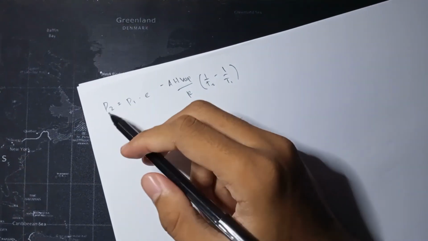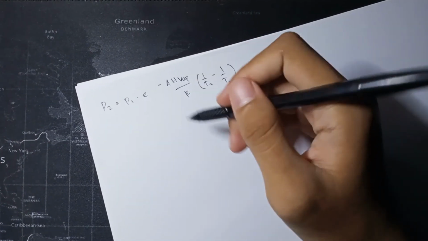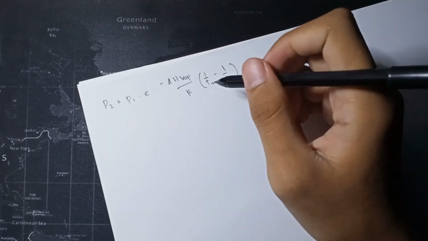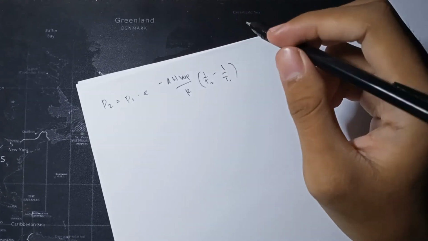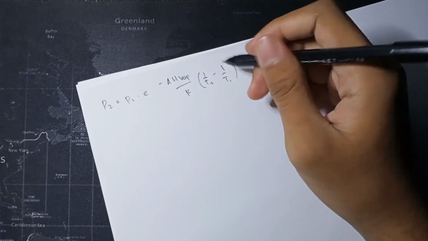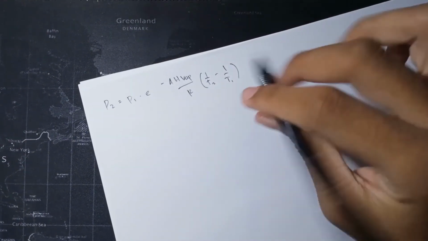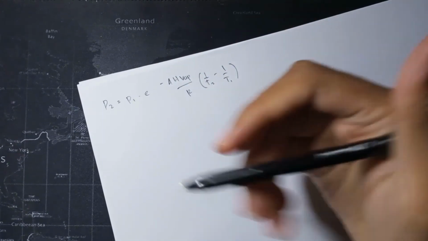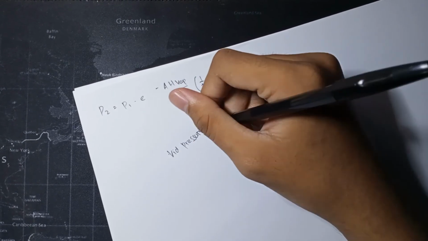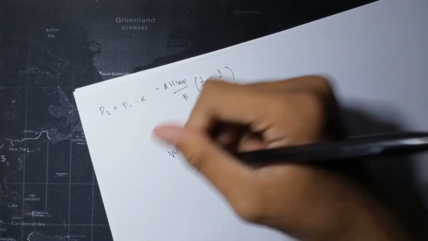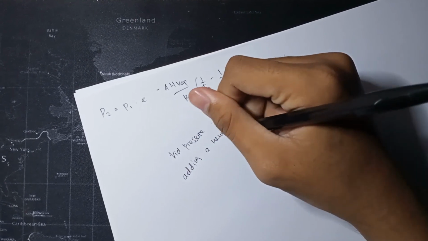So you're just going to write it here: P2 is equal to P1 times e to the minus ΔH vaporization over R times (1/T2 minus 1/T1). You're going to use this when you need to find the new pressure at a new temperature.